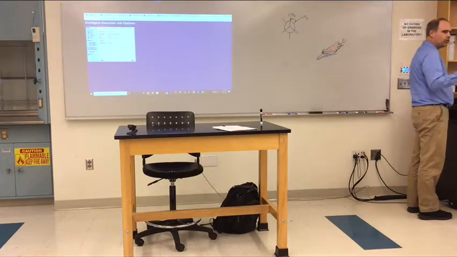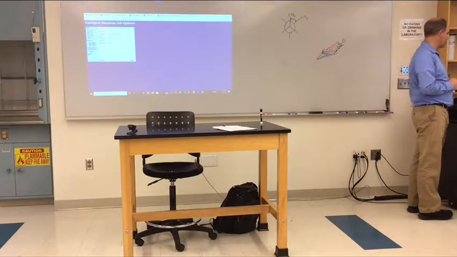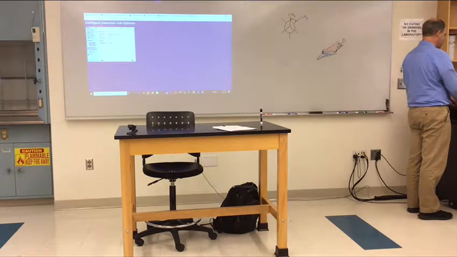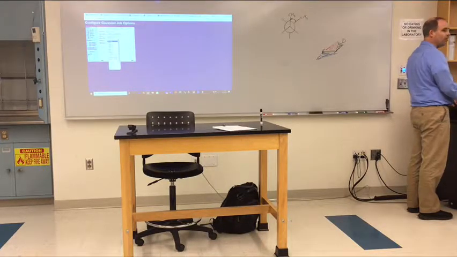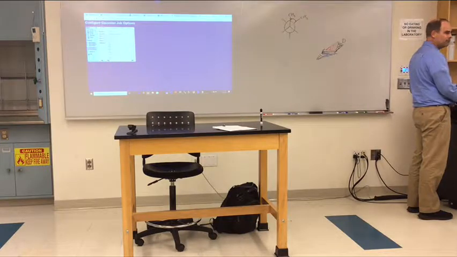Okay, on your sheet, it tells you the theory that we're going to be using. We are going to be using B3LYP. That's a very, very common computational method. It's fairly robust, fairly quick, and does a reasonable job.